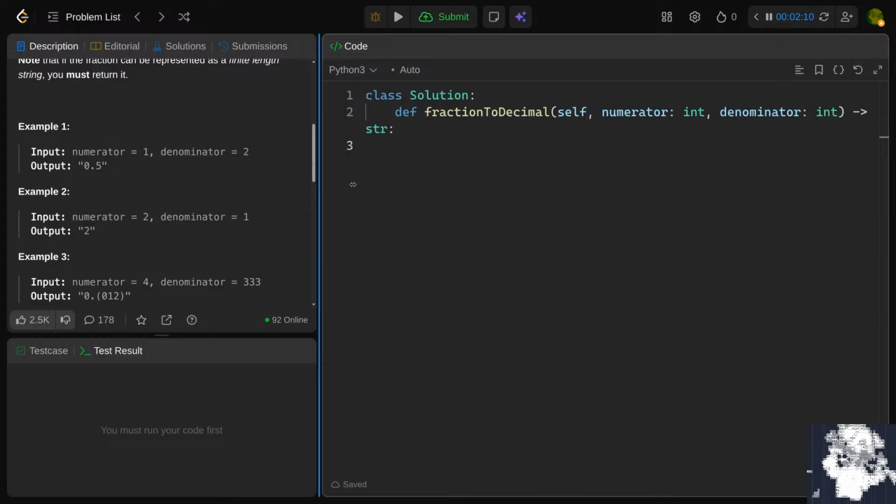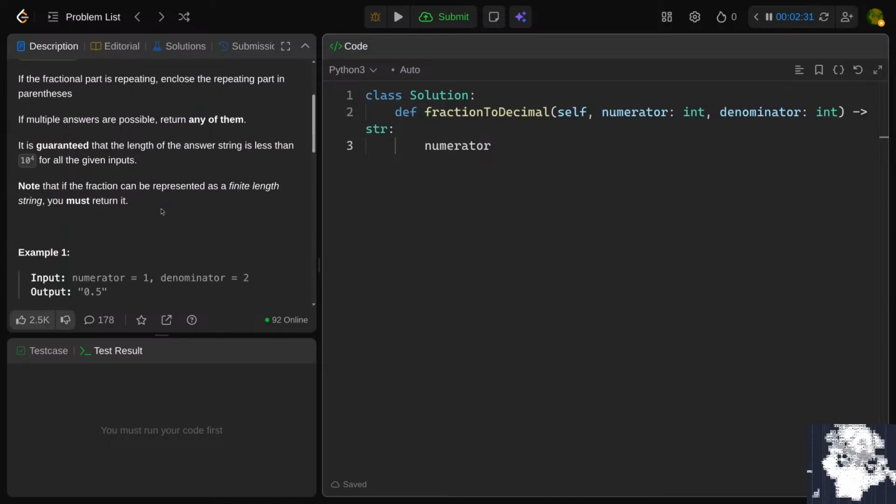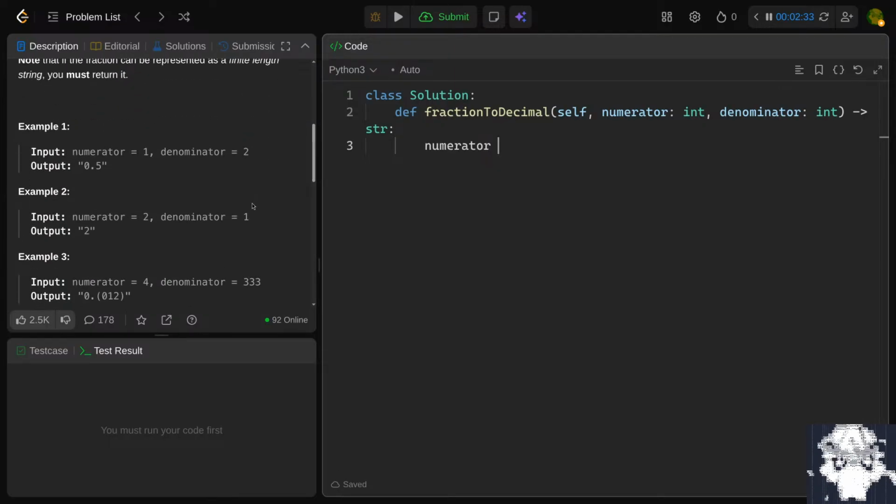So the part before the decimal is going to be numerator. I'm tempted to just say divided by denominator, because it's an integer division.